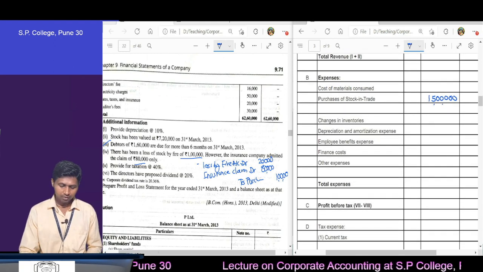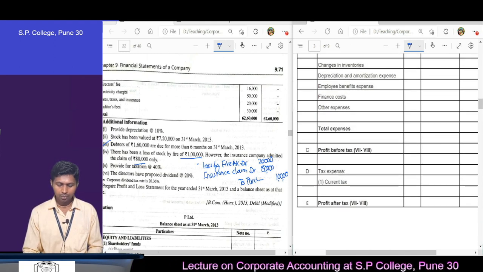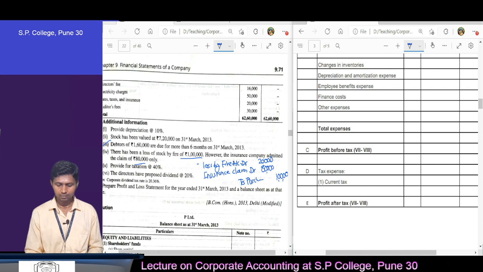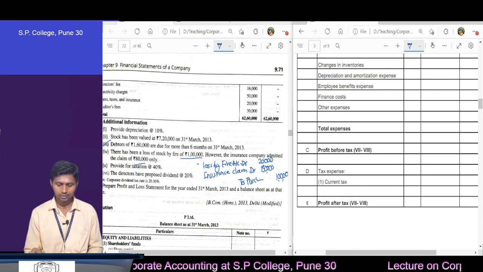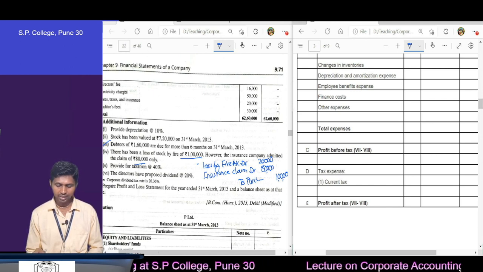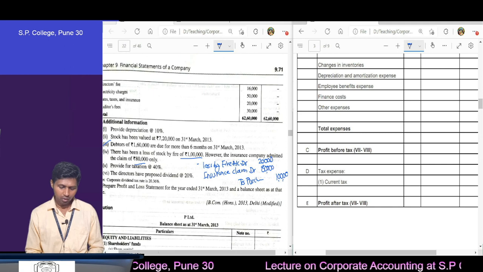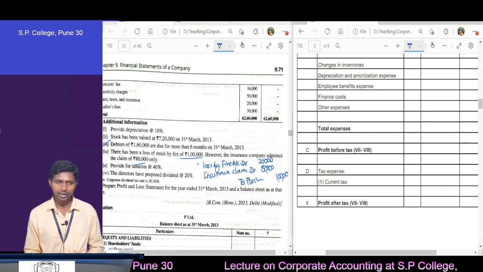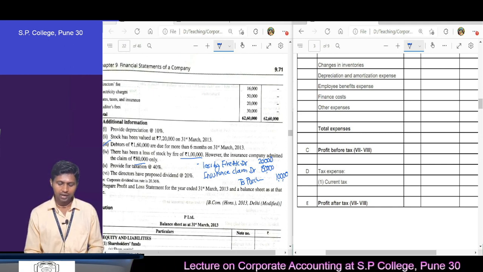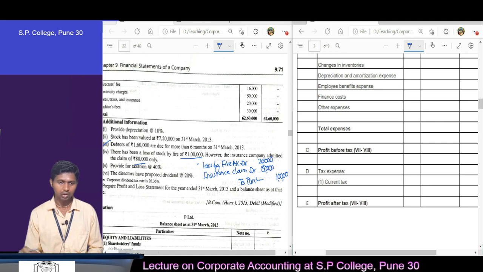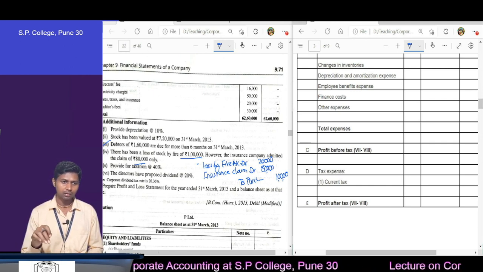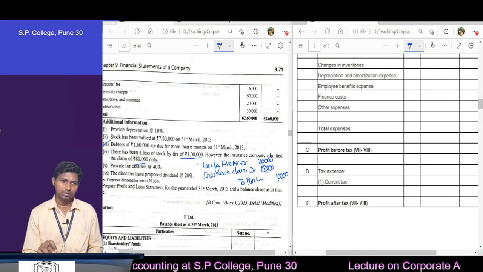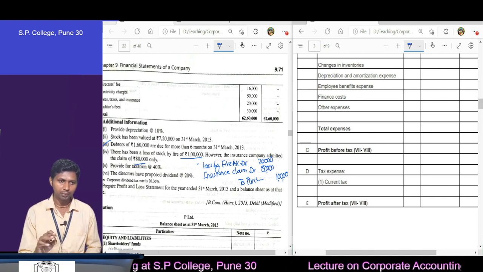Now you will find first all normal items, then profit before extraordinary and abnormal items, then abnormal items, then extraordinary items like this. But I will not make it complicated for you. Instead of writing extraordinary there and loss by fire is obviously 100% correct.